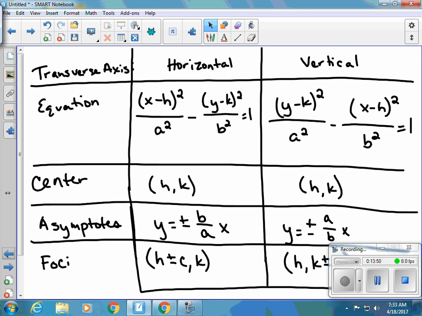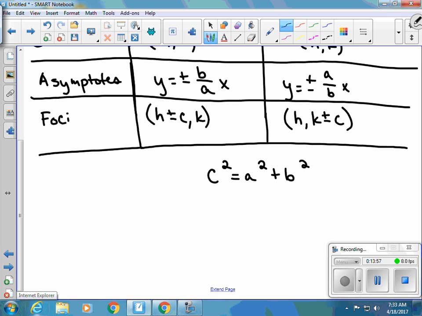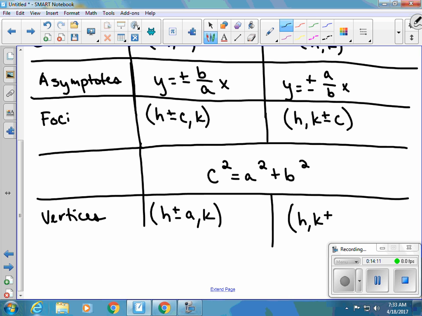Not quite to my 15-minute limit yet. Which, again, really did not change a whole lot.